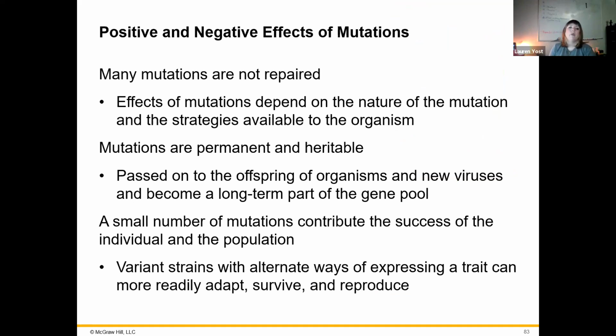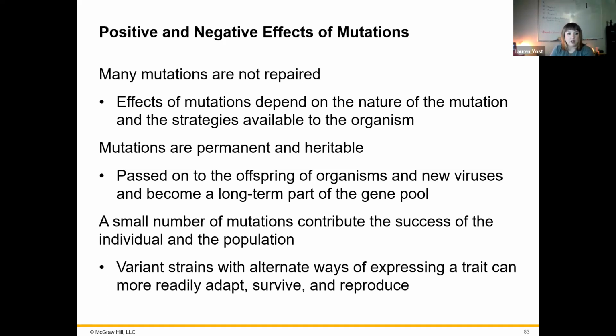So a lot of times whenever we have mutations, they're not repaired. They're usually just left, they don't get repaired in time, or they can even get passed on, especially when talking about bacteria, they can get passed on to other bacteria. Now they've introduced mutations into their system. So some of them aren't repaired, and the effects depend on the mutation, the organism, and how it lives its life.